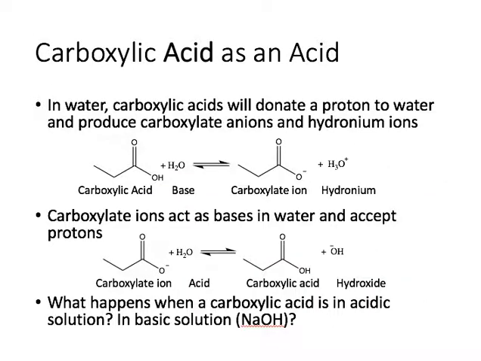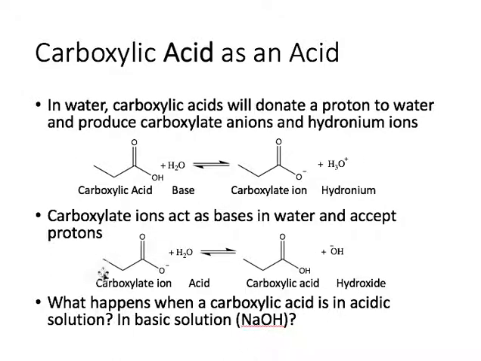I just want to go over very quickly what happens when you put a carboxylic acid in water. If we take any carboxylic acid with water as a base, it's going to have an equilibrium, because carboxylic acid is a weak acid, water is a weak base, and we will make a carboxylate ion and some H+, or hydronium ions.